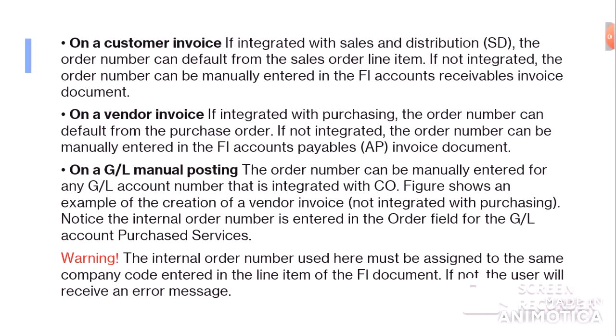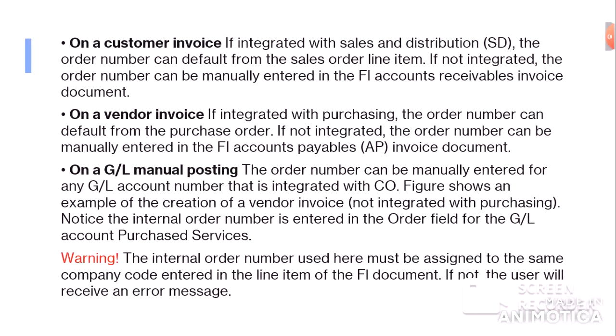On a vendor invoice, if integrated with purchasing, the order number can default from the purchase order. If not integrated, the order number can be manually entered in the FI accounts payables invoice document. On a GL manual posting, the order number can be manually entered for any GL account number that is integrated with CO.